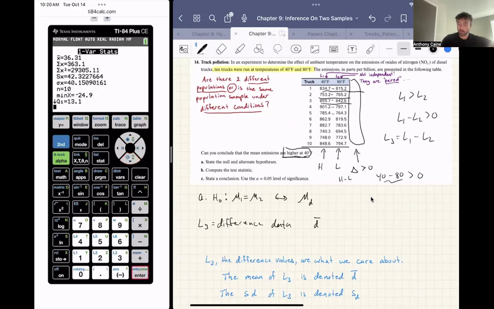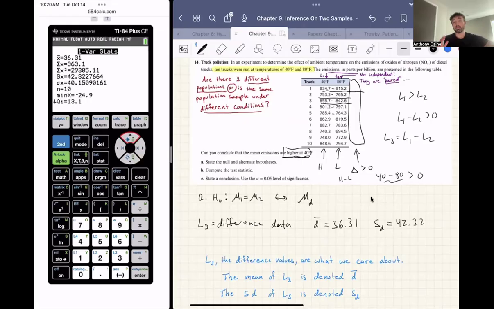The average difference is 36.31 parts per billion of particulate emissions. The standard deviation of the difference, in other words the standard deviation of the L3 list, is 42.32, and I'm getting that from the calculator, the Sx.